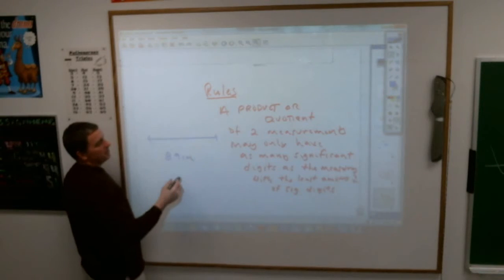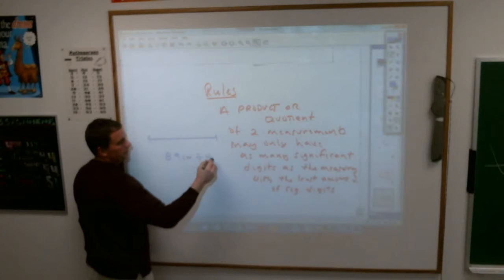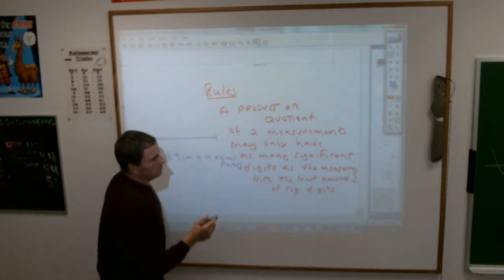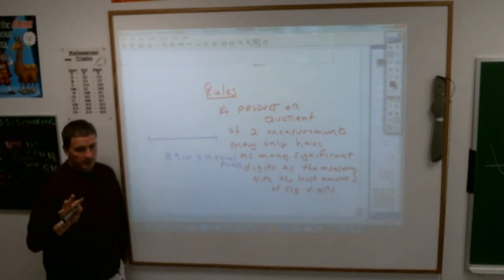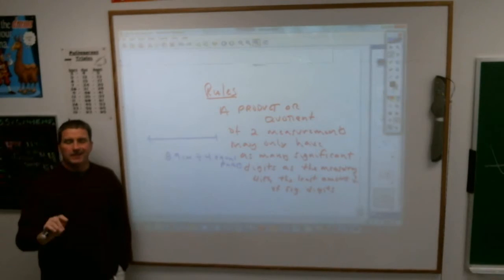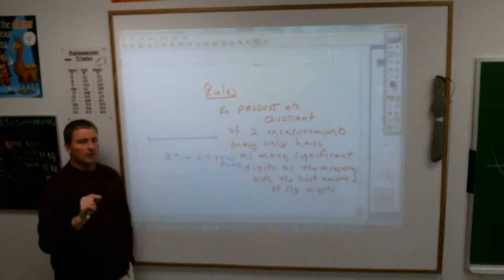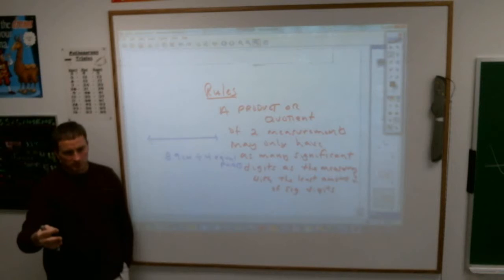I am going to divide it into 4 equal parts. Before you do the problem, here's the question you have to ask yourself: how many of the numbers am I using are exact numbers, or how many of them are a measurement that could be measured and cut into smaller pieces?